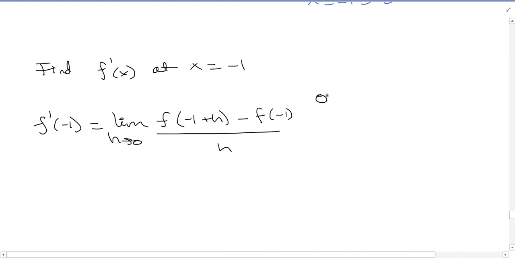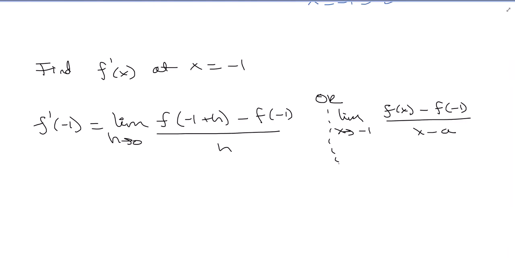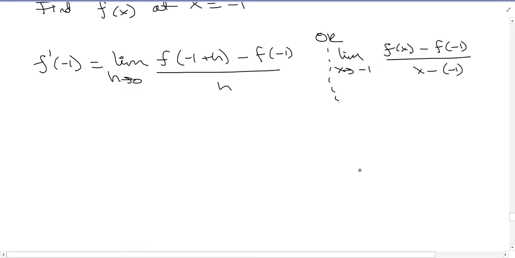So that's one definition, or the other one will be the limit as x goes to a, so as x goes to -1 of f of x minus f of a all over x minus a. So we can choose either of these definitions. I prefer the first definition, but really either one should get you to the same answer.